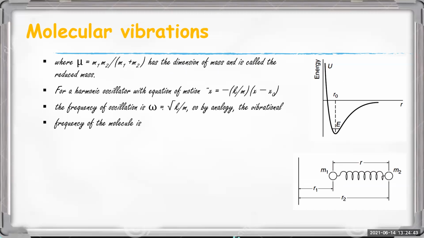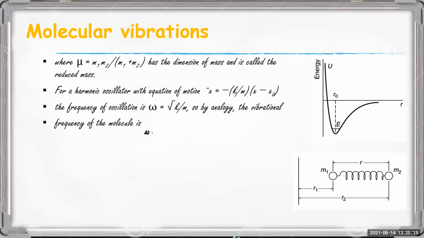So if x double dot is equal to minus k by m into x minus x0, for a harmonic oscillator, omega is equal to root of k by m.